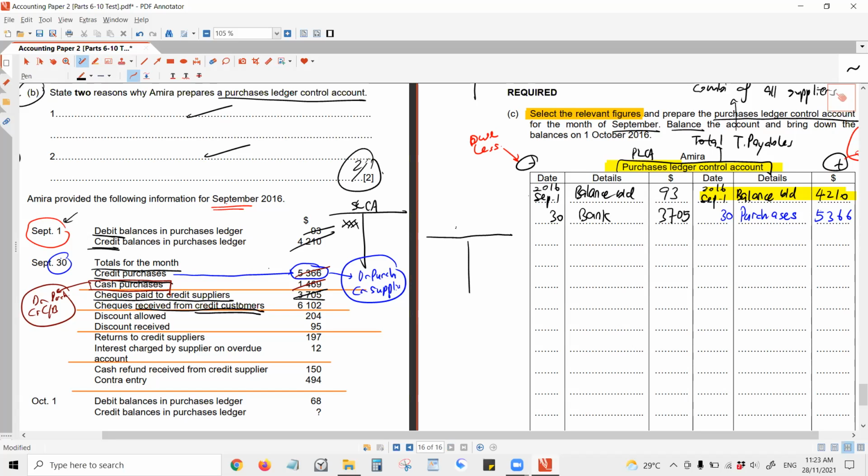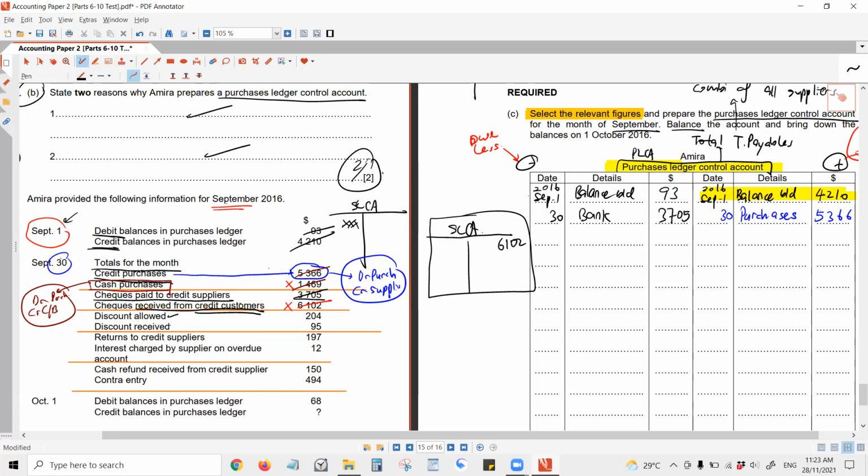It should appear in sales ledger control account. Here, 6102. Customers making payment to us to settle debt. So not in the purchase ledger control account. Just now this number was not used, and this time once more this number should not be used.